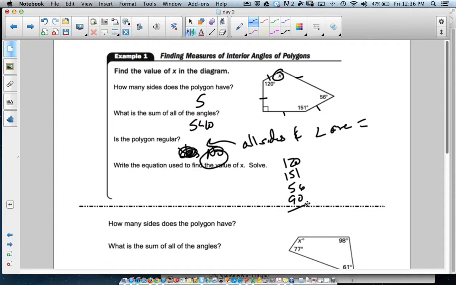We get a total of 427. Then we take 540 minus 427, and we get 123. So the value of x is 123. That is the process.